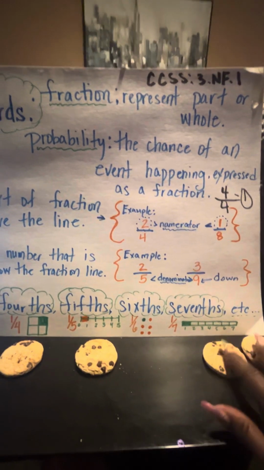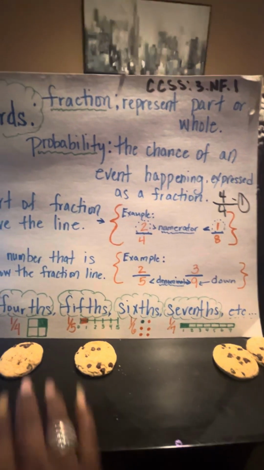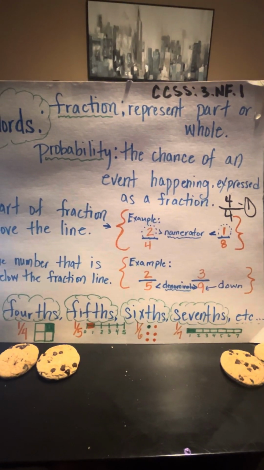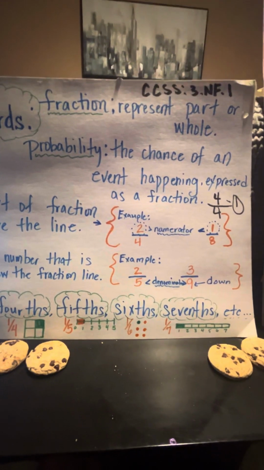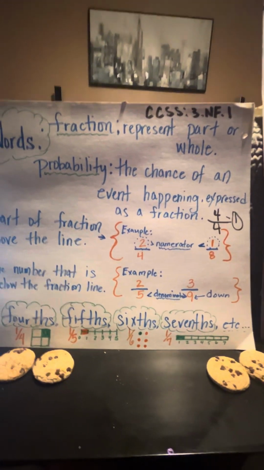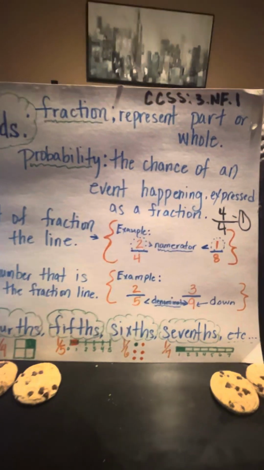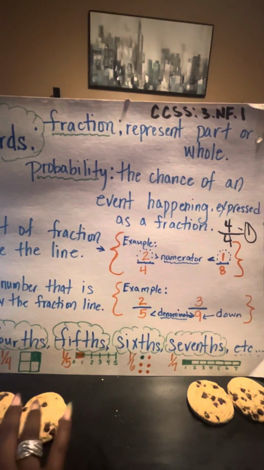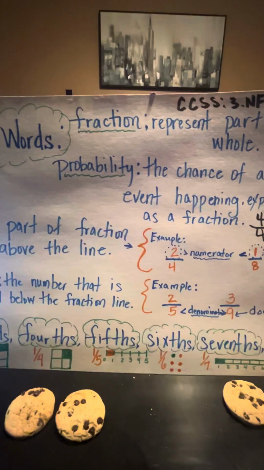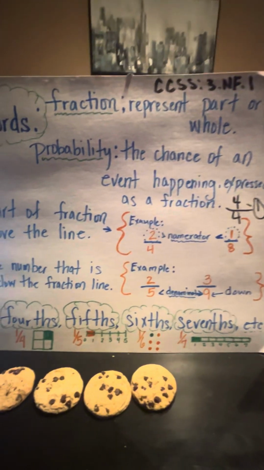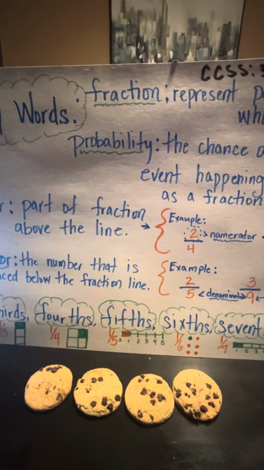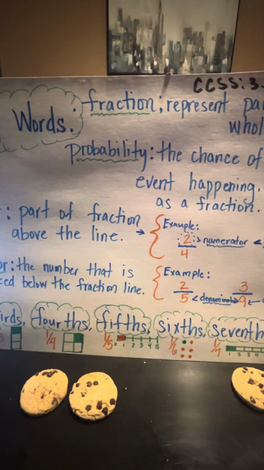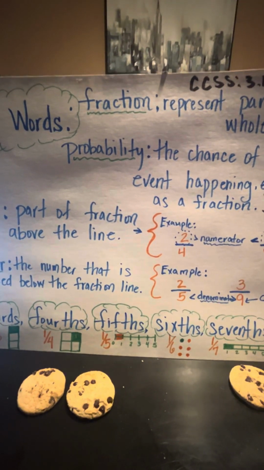1, 2. So if I gave Jackson 2 and I gave Cassidy 2, how many cookies do they have? Do they have 1/2? Do they have 1/3? So we would get to 2 cookies from 4 is 1/2. 4 is 1 whole. 2 is half. 2 of 4 equals half.